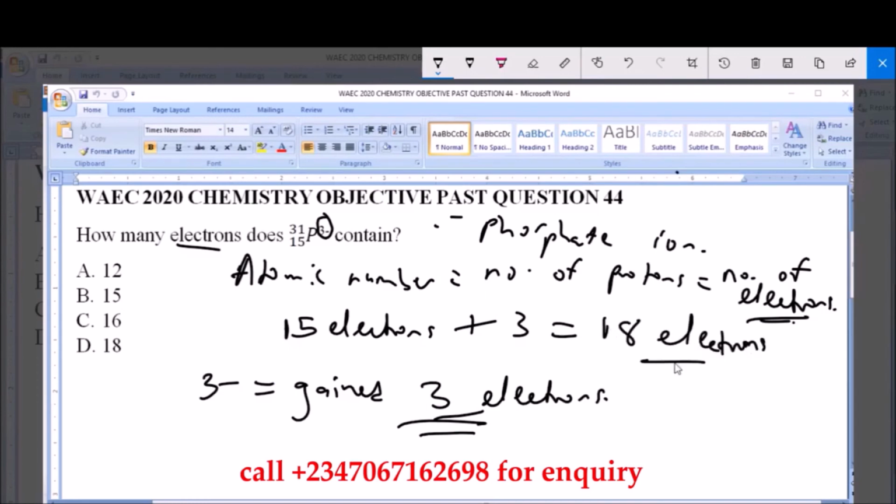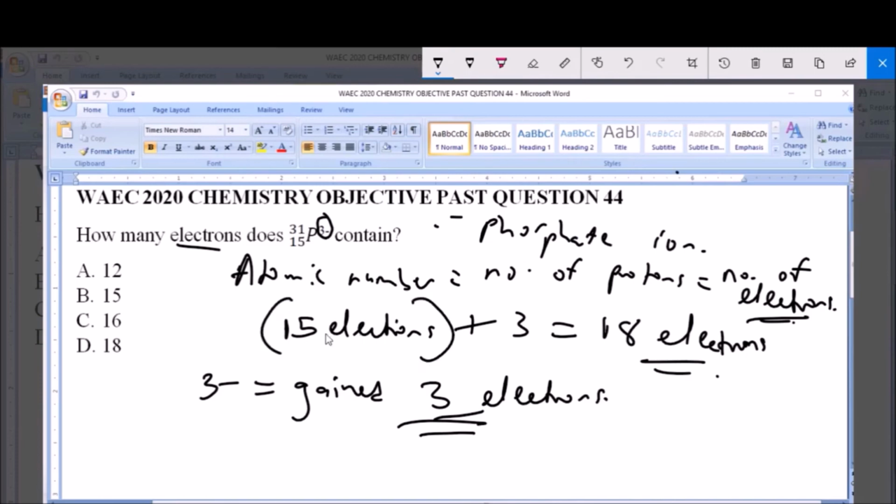As an atom in its atomic state, it has 15 electrons, and then when becoming an ion to attain stability, it gains 3 electrons. So 18 electrons, and 18 electrons here is option D, which is the correct answer to this question.